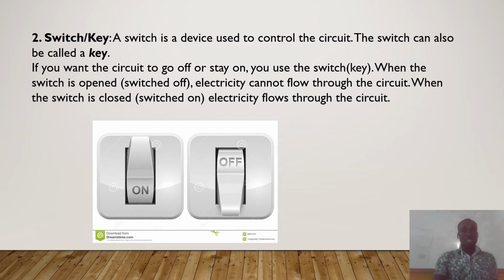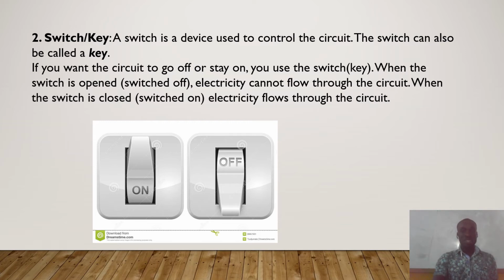Let's take a look at another component, which is the switch or the key. A switch is a device used to control the circuit. The switch can also be called a key. If you want the circuit to go off or stay on, you have to use the switch key.